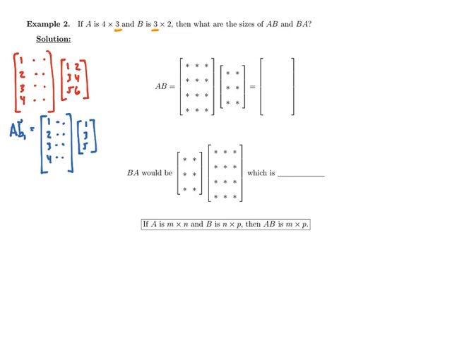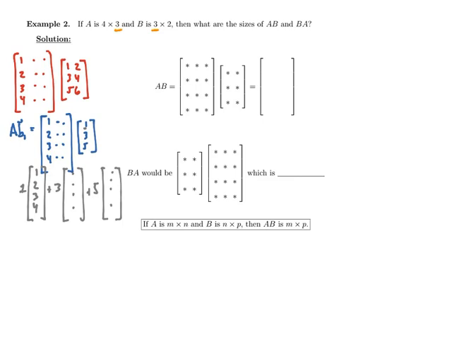Then I am going to take the first entry of B, 1, times the first column of A, plus the second entry in B times the second column of A, plus the third entry in B times the third column.